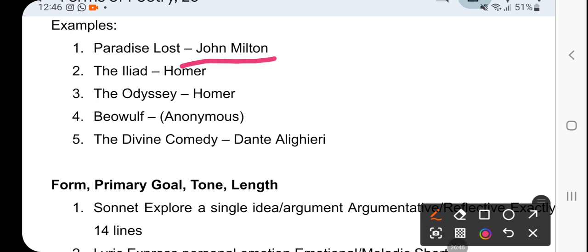And then Beowulf, whose author is anonymous, but that is also an example of an epic. And the Divine Comedy by Dante. So these are the examples. In fact, you can also write Mahabharat, Bhagavad Gita, Purans, Bible, Quran. These are also examples of epics. So here we have seen these.